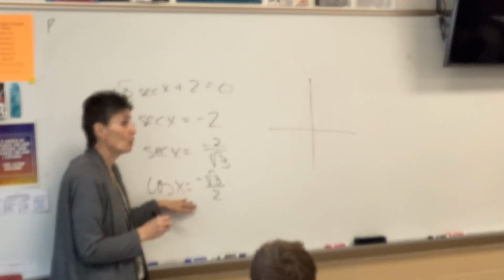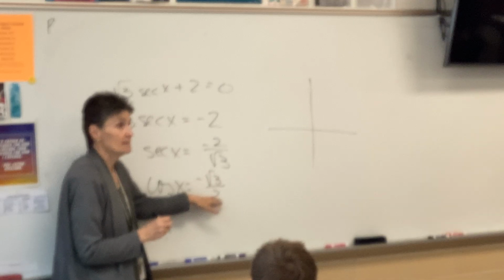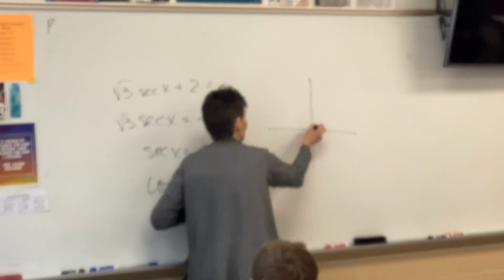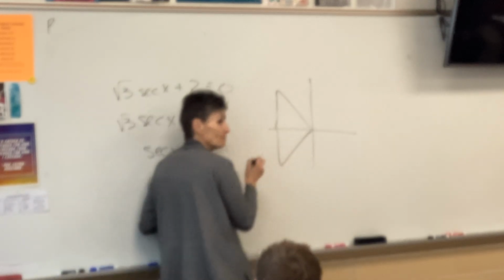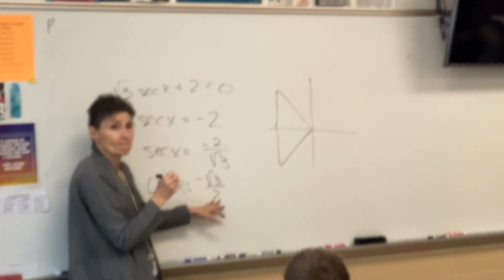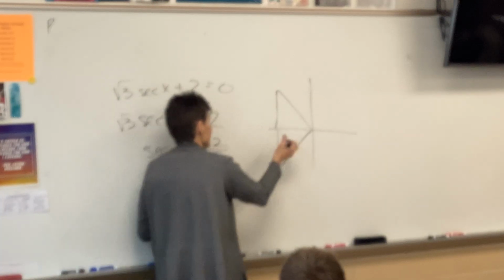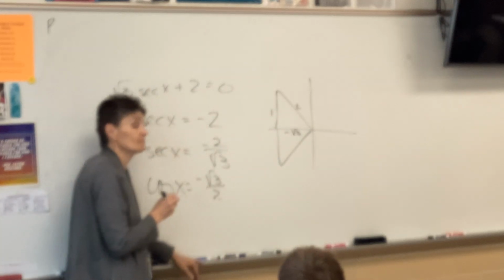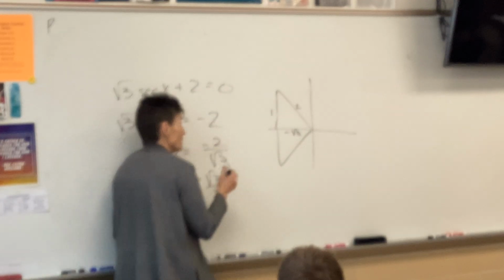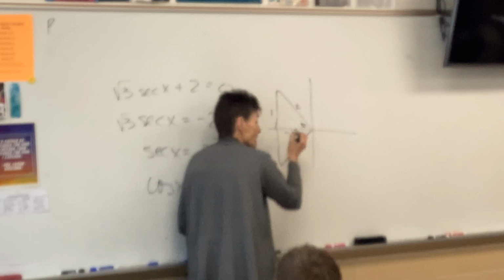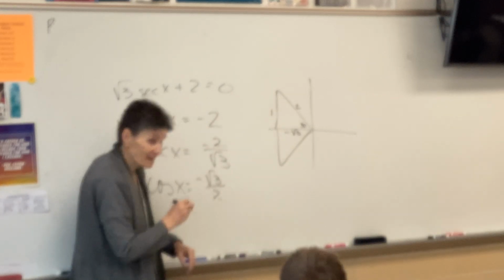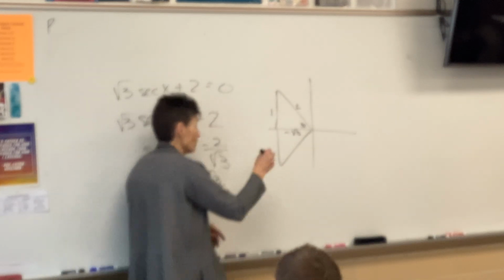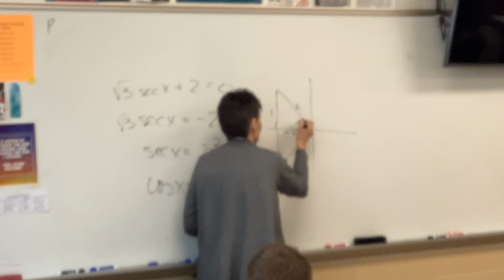Cosine is negative, so it would be here and here. And if this is root 3 and 2, that's 1. Which means this is 30, but I'm answering in radians, pi over 6. This one's also pi over 6.